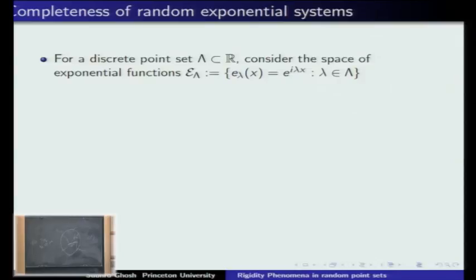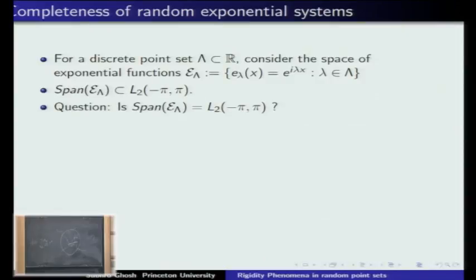So given a discrete point set, we can consider the family of these functions corresponding to all the points in this point set. These are the capital E lambda as it is written there, and we consider them as elements of L2 of minus pi pi. So we can take the span of E lambda, and it is a subspace of L2 of minus pi pi.